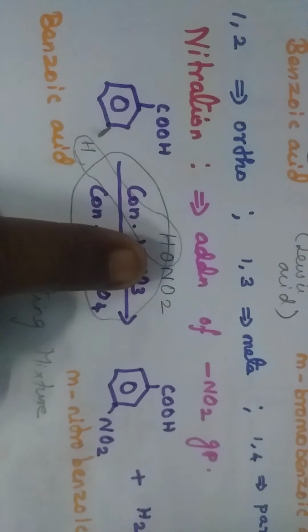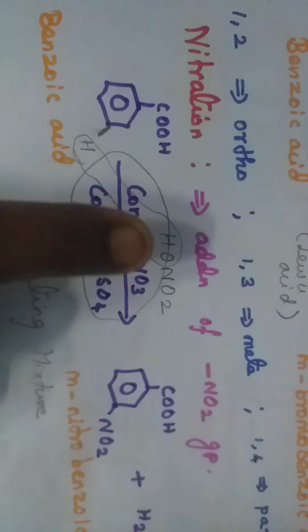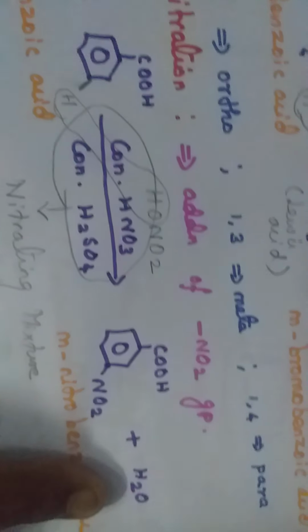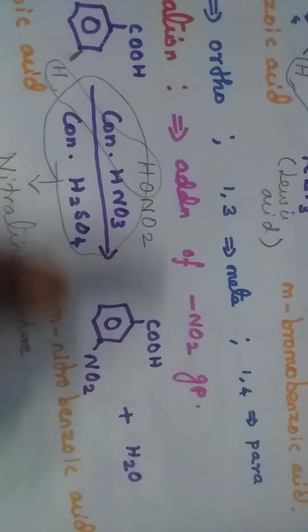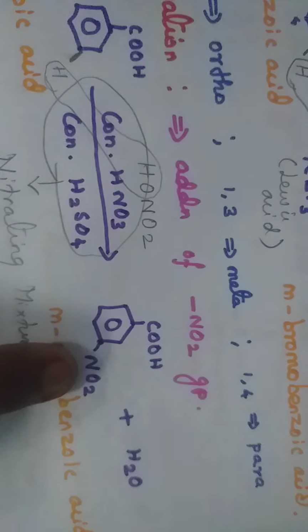Concentrated sulfuric acid is the medium, and concentrated nitric acid is involved in the reaction. Nitric acid can also be written as HONO2. This is meta-directing, so the third carbon's hydrogen reacts with OH, removing a water molecule, and the remaining NO2 group attacks.